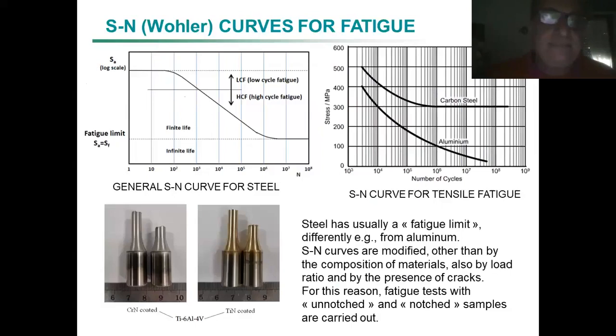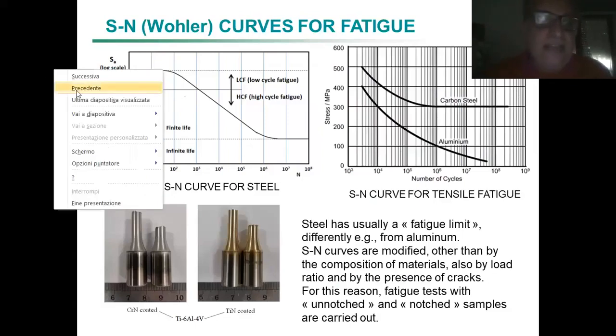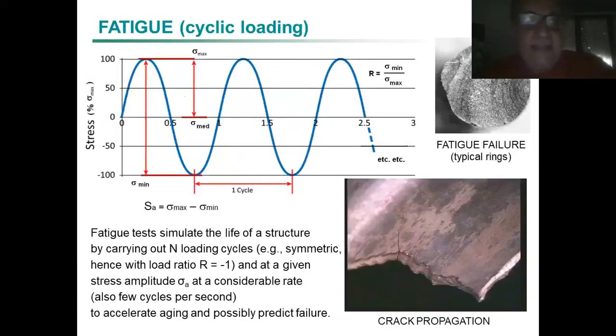Then what do we have here in practice? On the y-axis, we have fatigue cycles of different amplitudes. You may remember the previous slide, where you can see this amplitude.